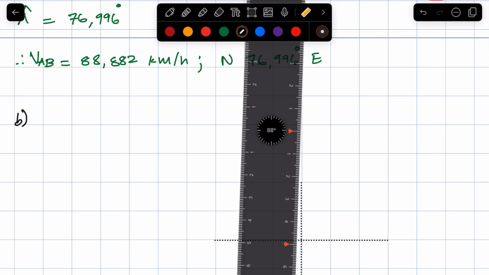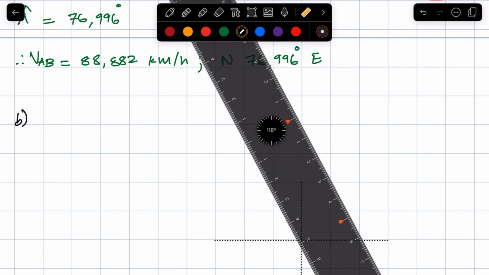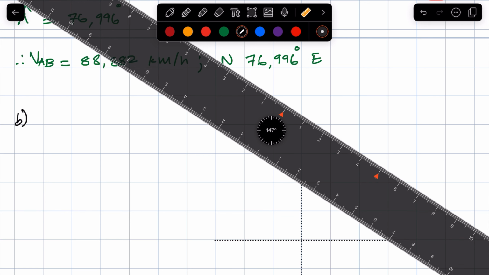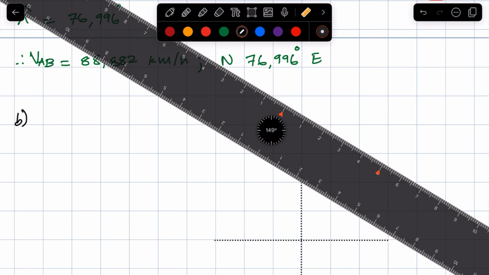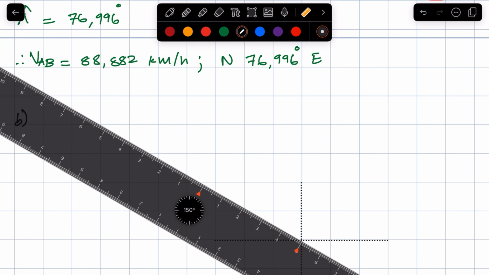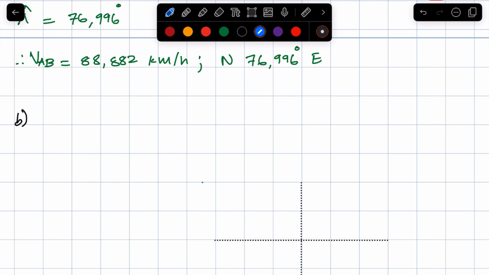So I'm going to measure 150, that's 90 plus 30 degrees, and that is where we'll have the vector for object B. It goes up to that point.